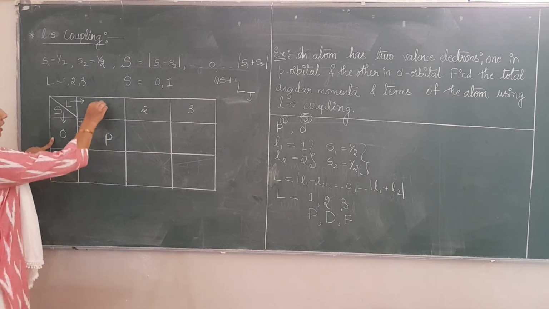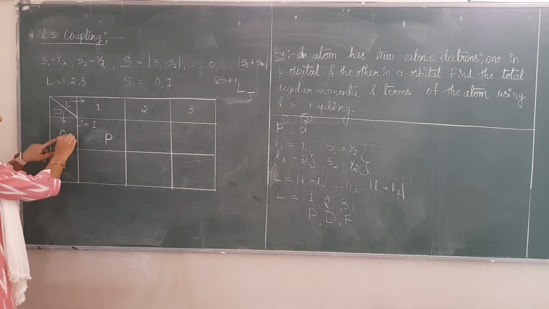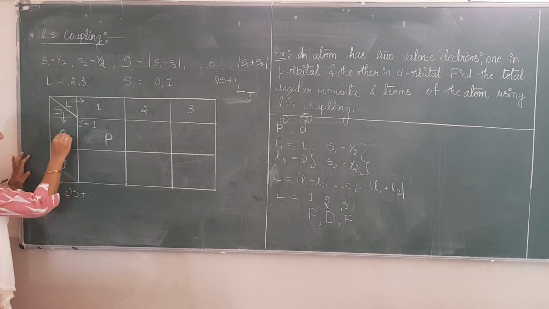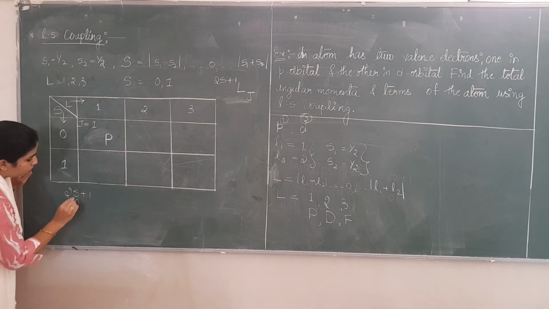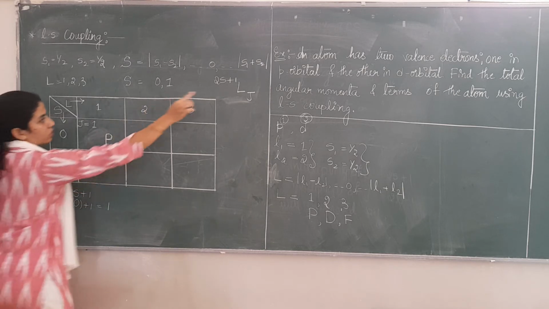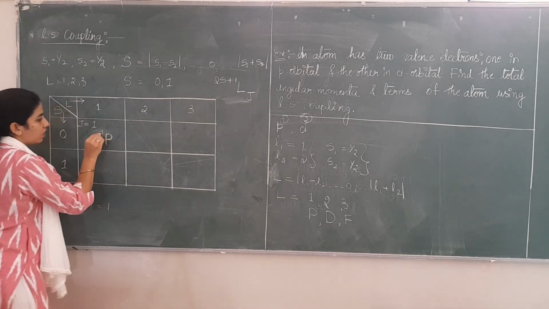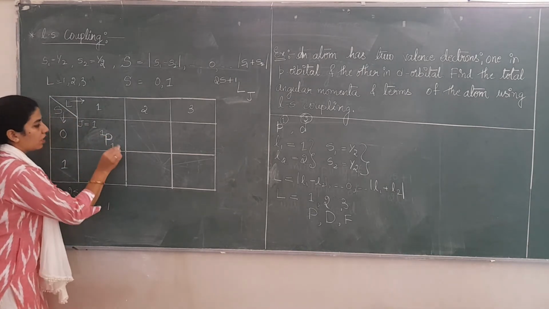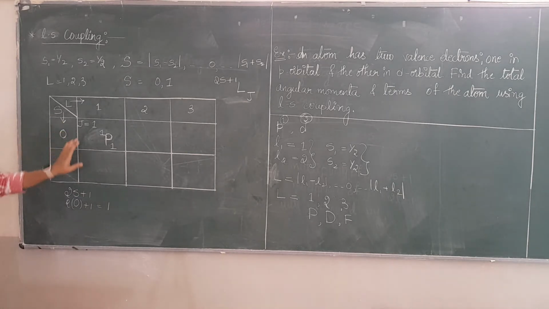Because L is greater than S. When S is 0, 2 into 0 plus 1 will be 1. So in place of 2S plus 1 I can write 1. So 2S plus 1, L, J, and the value of J is 1. We'll see one more here.